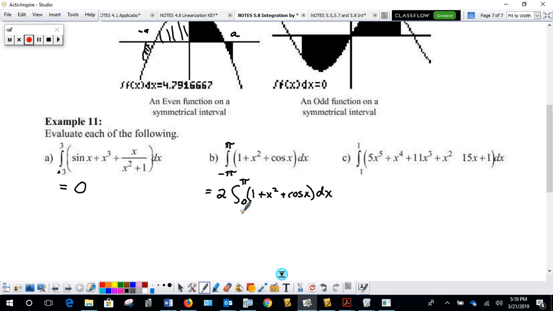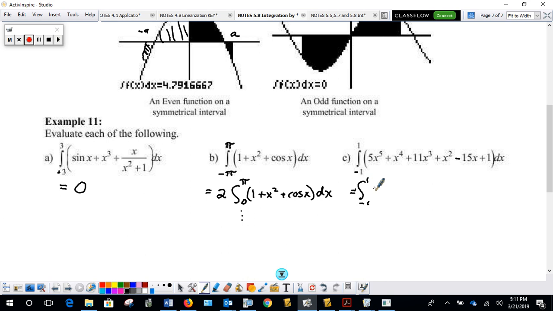I'm going to leave the actual definite integral to do in another section, because I want to do definite integrals a little separately. Now here we're going from -1 to 1. We have odd, we have even, we have odd, we have even, we have odd, we have even. But because this is a sum, I can split this to be -1 to 1.